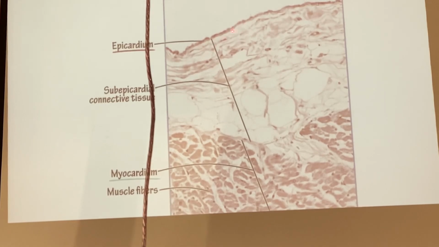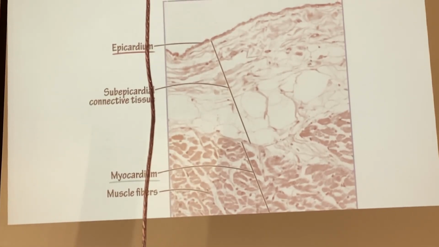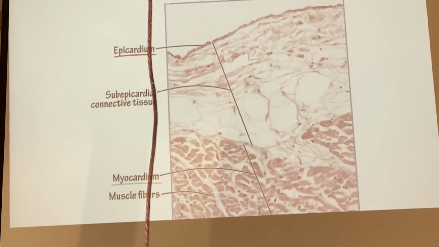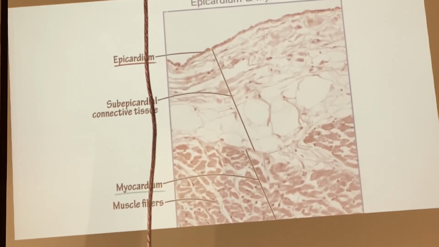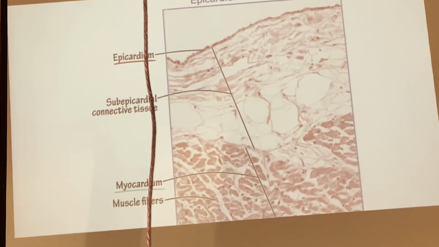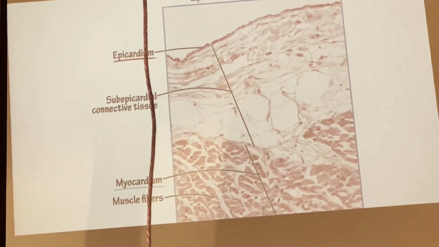So that area is the area where we are talking about the visceral layer of the mesothelial cells, which is reflected from the pericardial layer as a parietal layer.